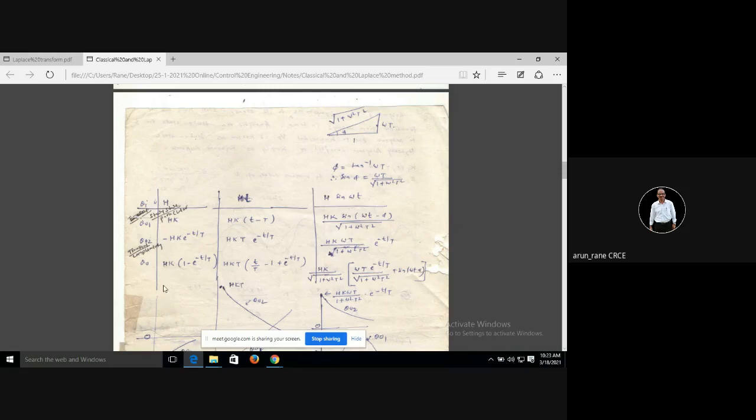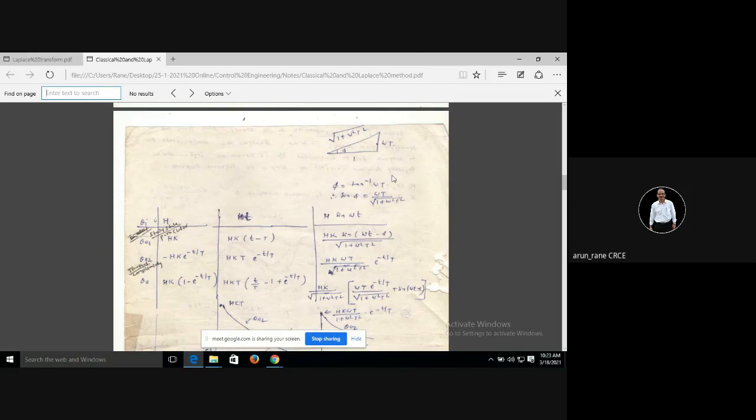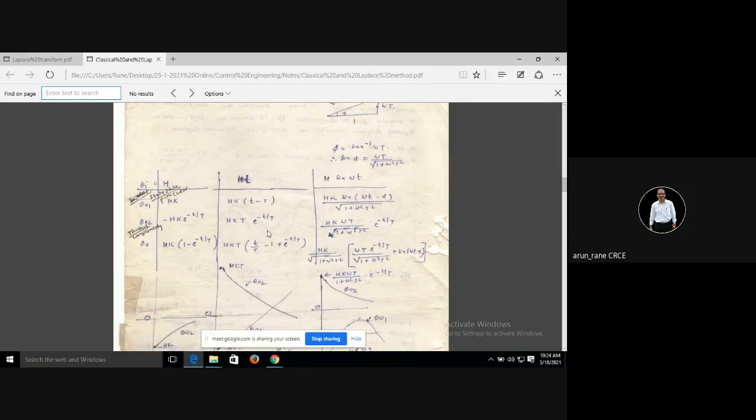If we add this and this, you can take hk common, so that will be 1 minus e raised to minus t upon capital T. If my input is a ramp input, that is ht, then my particular solution, that is the steady state response, is this, my transient response is this, and if you add this and this, then you get this.